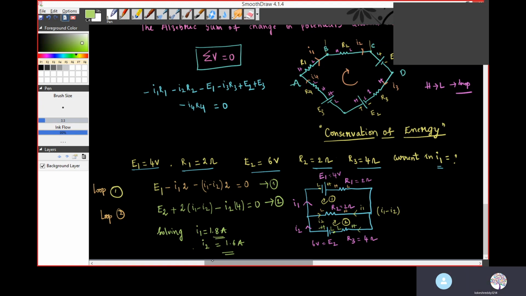Okay, so this is loop law, based on loop law.